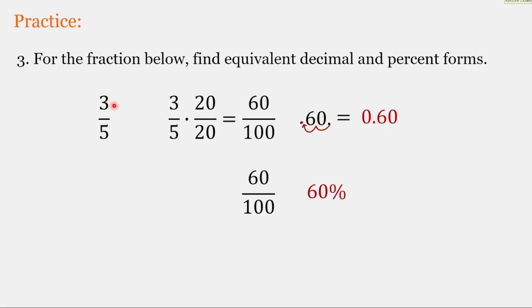Now you could have also found this in decimal form by dividing 3 by 5 using long division. And again, you're going to end up with that same decimal. From this fraction 60 over 100, again, we have 60 for every 100. This is 60%.